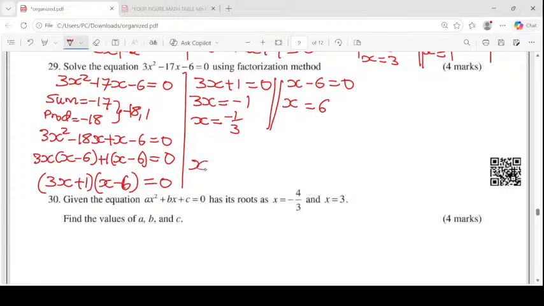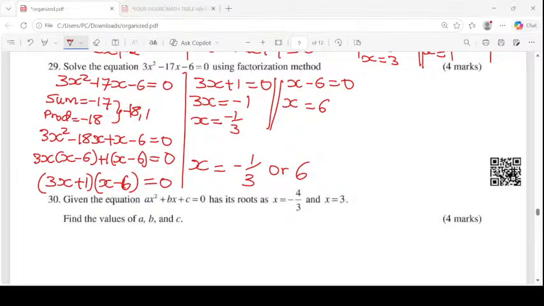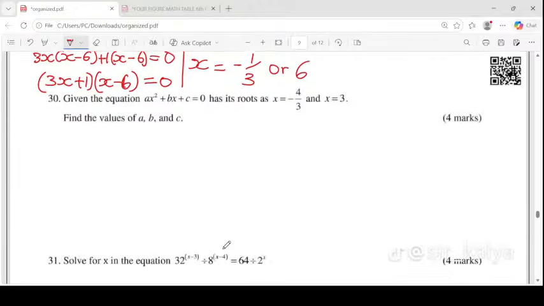So our x is equivalent to negative a third or positive 6. That is how you get 4 marks for question number 29. Let us have a look at the next question, question number 30 of this particular paper.